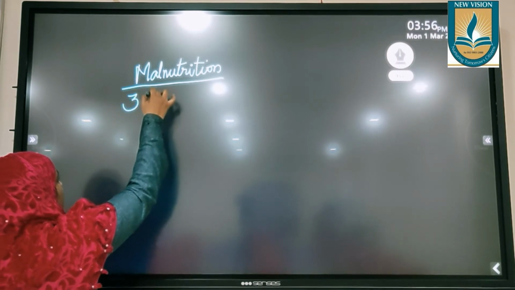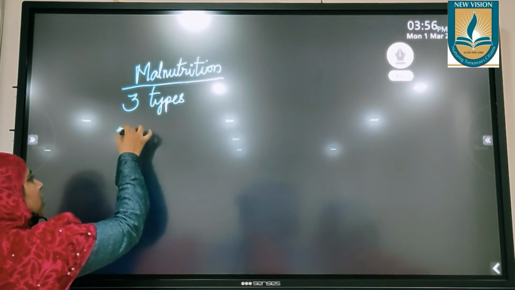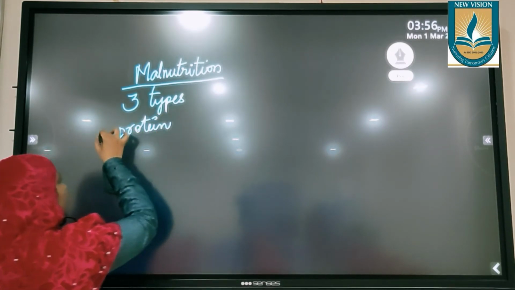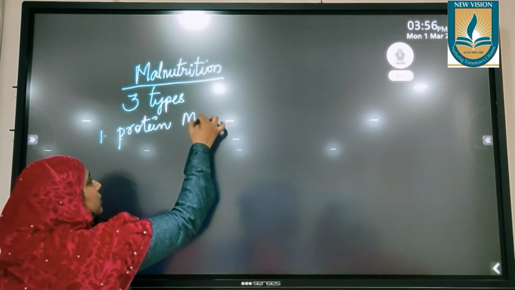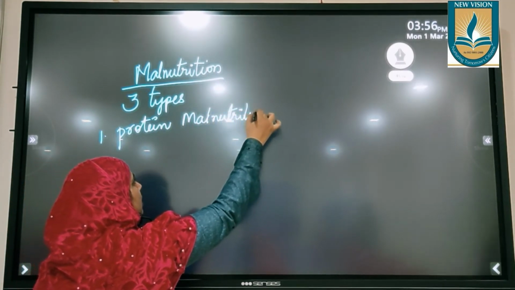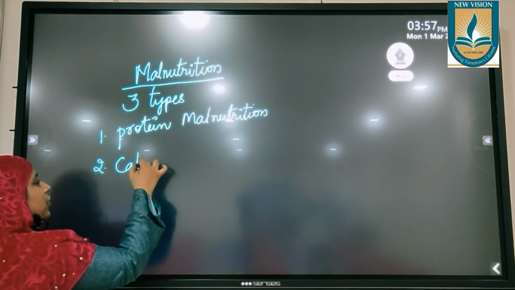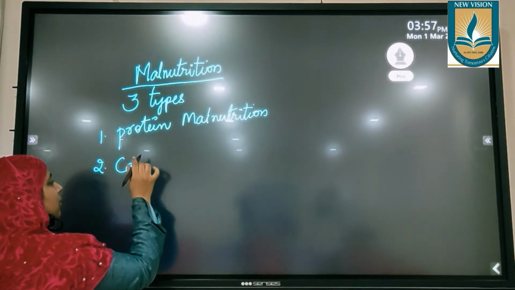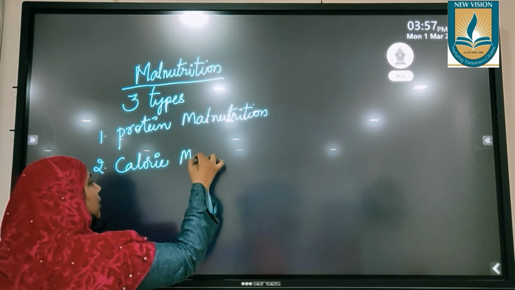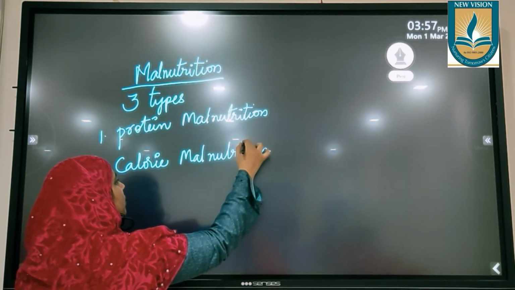Malnutrition is of three types: protein malnutrition, calorie malnutrition, protein calorie malnutrition.